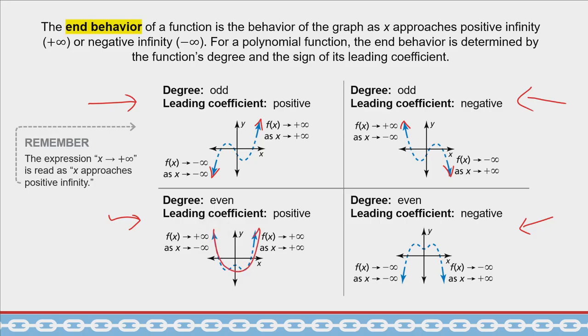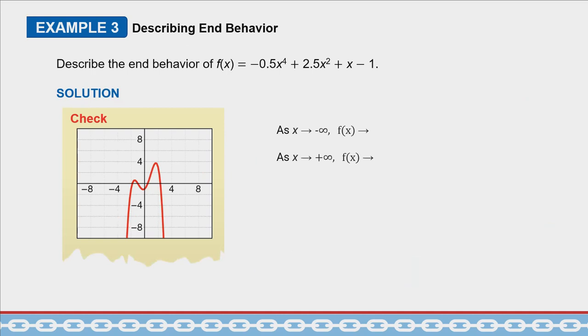So positive leading coefficient, smiley, negative leading coefficient, frowny. Ultimately, you do not need to remember this. You can use your graphing calculator and determine what that graph is doing as it approaches positive or negative infinity. That's the beauty of having that powerful tool.